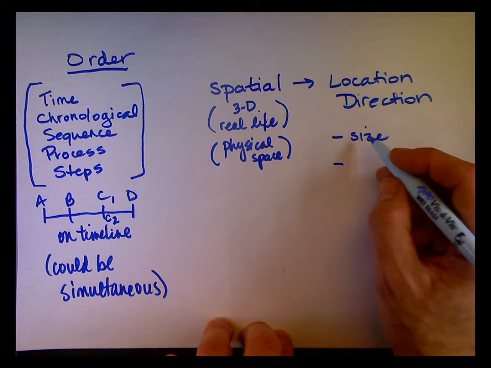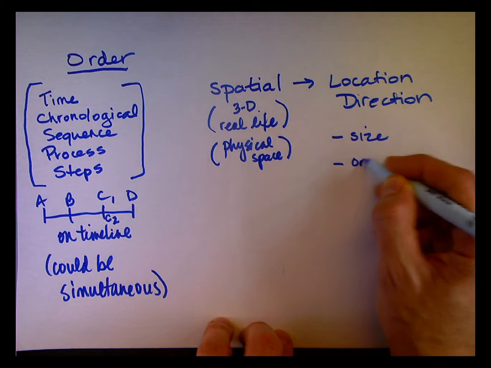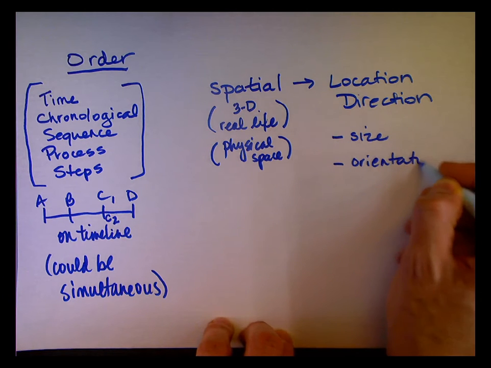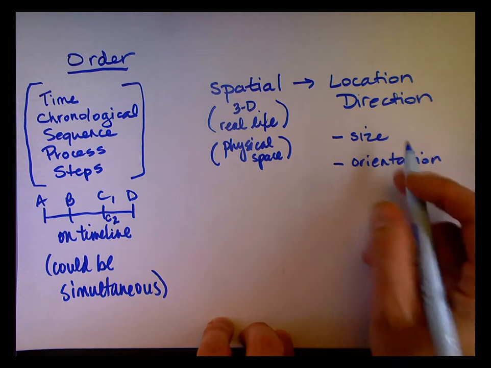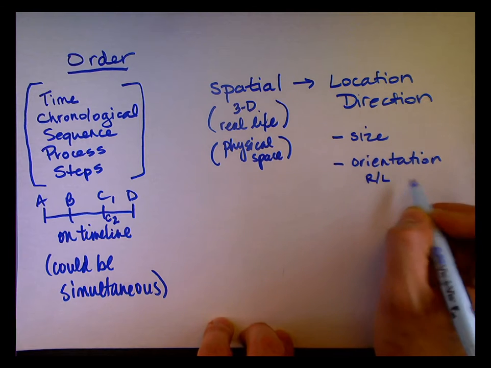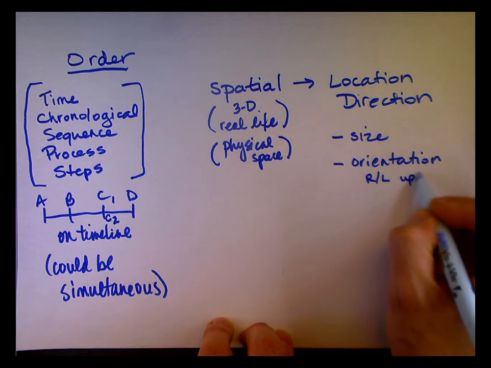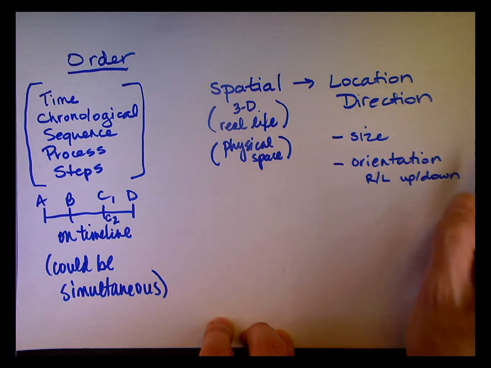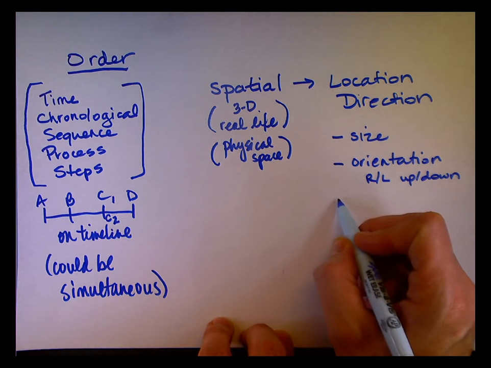things of the kind like size. I already have location and direction, and it can be orientation, and not orientation like coming to college kind of orientation, but orientation like right or left, up or down.